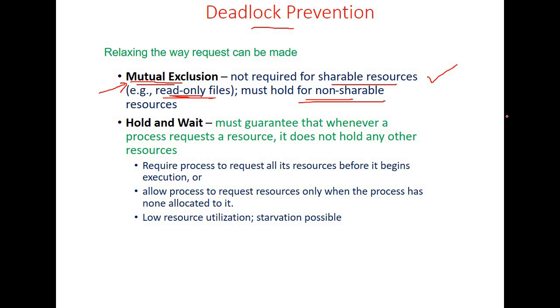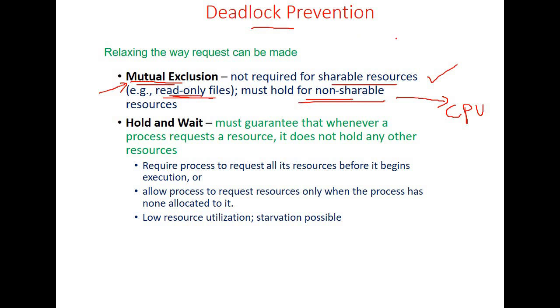Coming to non-shareable resource, CPU is a non-shareable resource. If one process is using the CPU, unless that process completes its execution, no other process can be assigned. No other process will get CPU access. So that is, CPU is a non-shareable resource. So likewise, we can divide the resources into shareable resources and non-shareable resources.